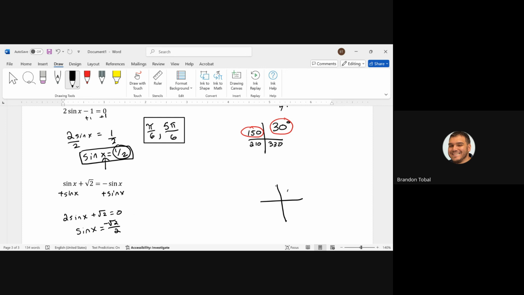Well, that would be at 45, 135, 225, and 315. Since this is negative, I want where sine is negative, which happens to be in the third and the fourth quadrant. As radians, that's going to be 5 pi over 4 and 7 pi over 4.